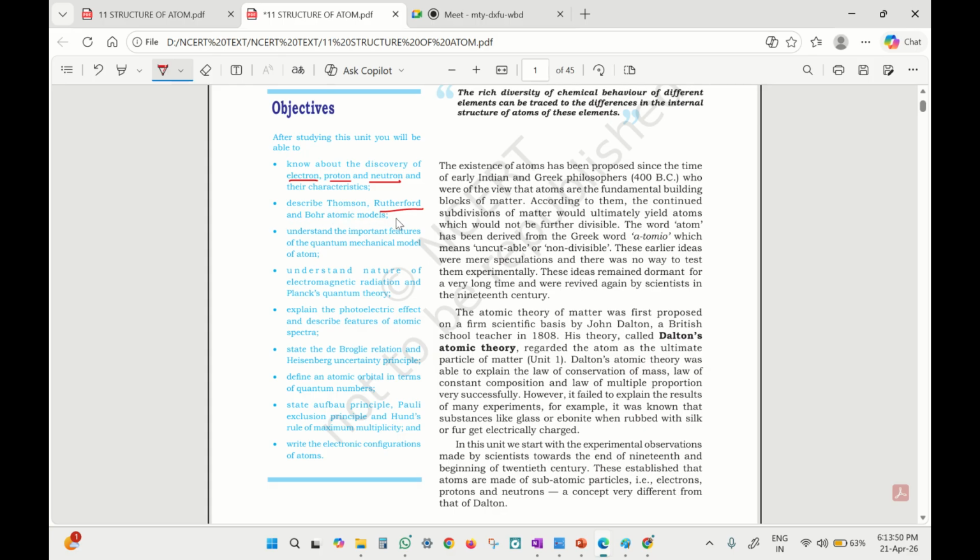Same concept. And if you remember the failure of Rutherford's model, we were told at that time that an electron, being a charged particle, when it is following a circular path, is going to get accelerated towards the nucleus, and at one point of time it should hit the nucleus, and the atom should be unstable in nature.